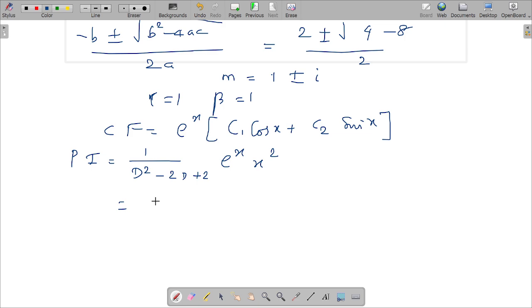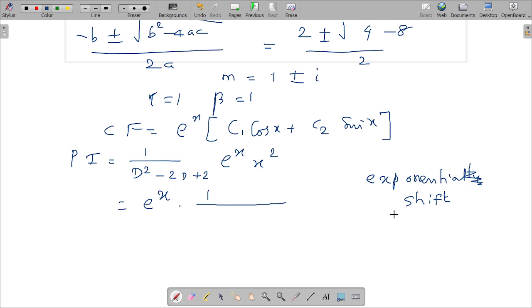Do the exponential shift here. That means shifting the exponential to the front, e power x, and then substituting in the denominator.